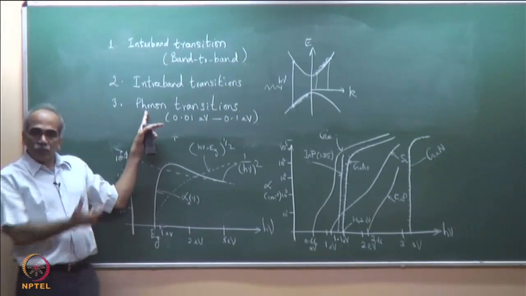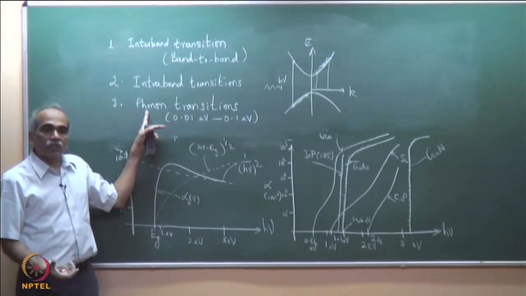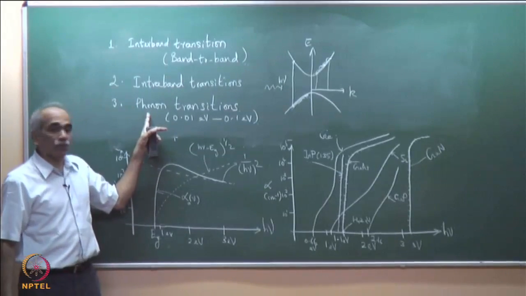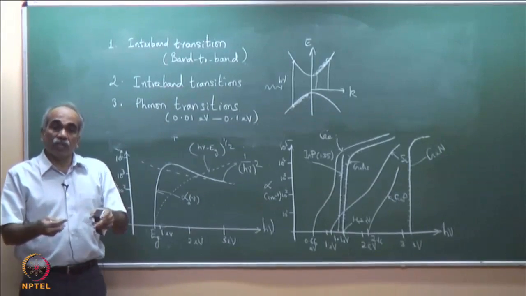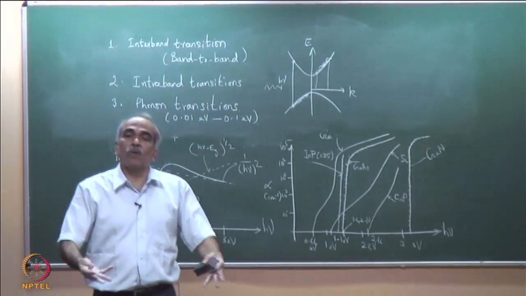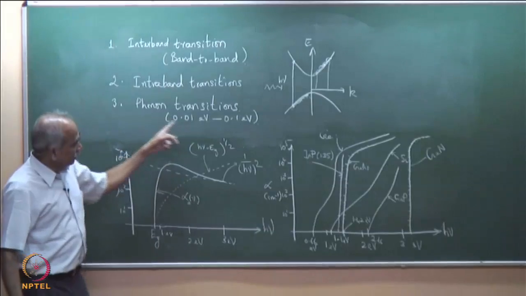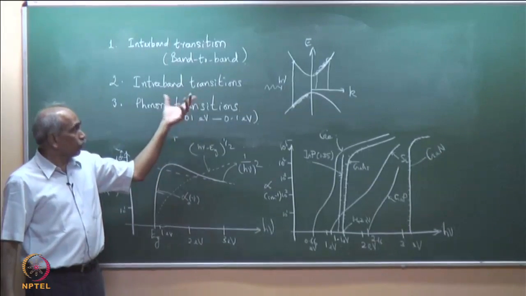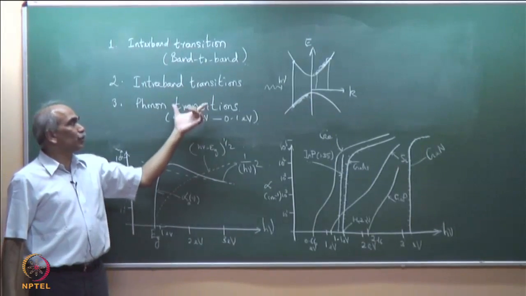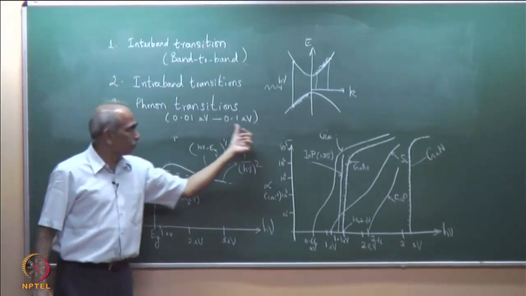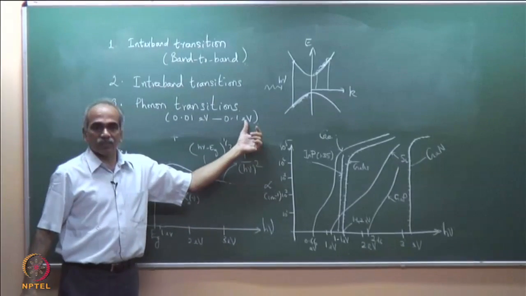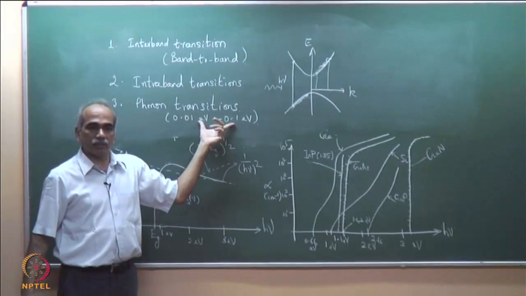Phonons can also absorb energy. Low energy photons can be directly absorbed by phonons, or low energy photons can directly generate phonons within the semiconductor. And therefore, the absorption of low energy photons to give rise to phonons will also have absorption somewhere in this region, particularly the low energy region.